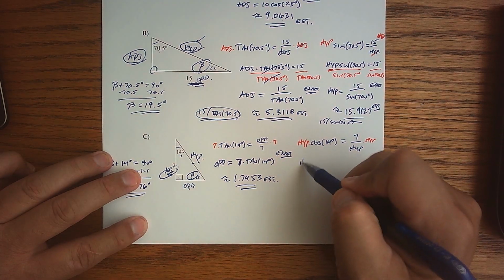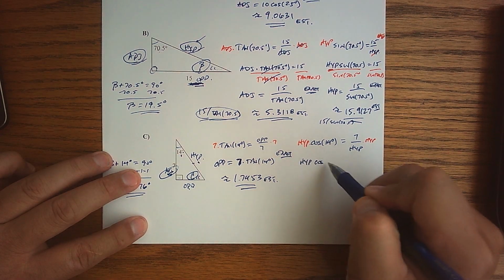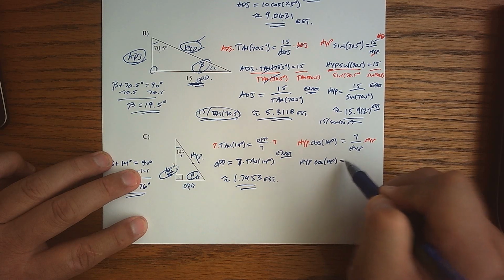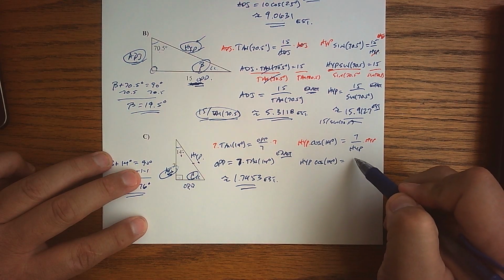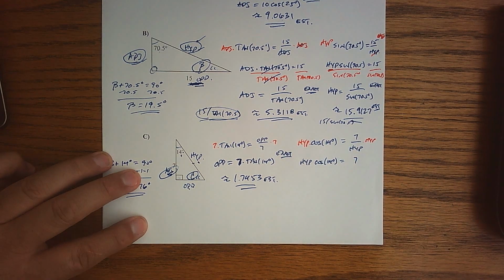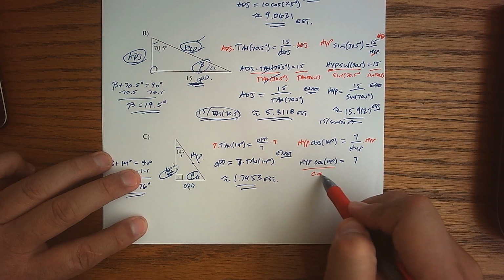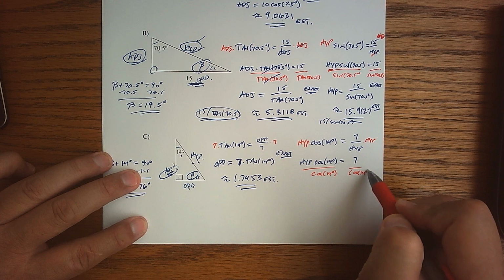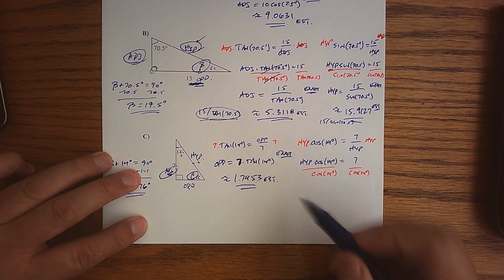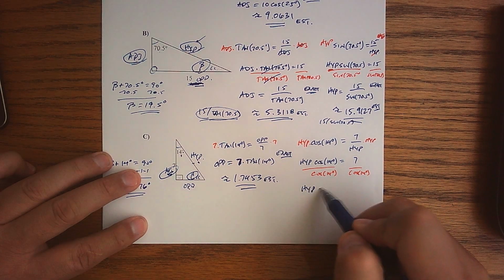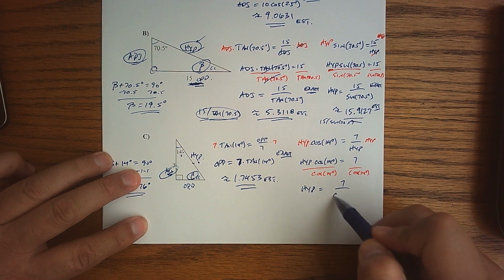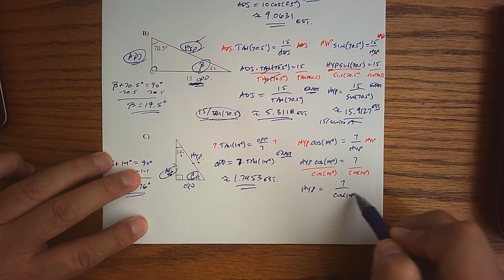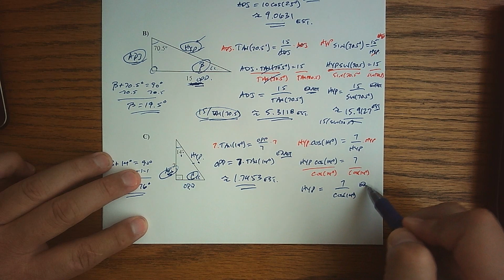And that basically gives us the hypotenuse times the cosine of 14 degrees is equal to 7. And if we now take both sides and divide by the cosine of 14, we end up with our hypotenuse equal to 7 over cosine of 14 degrees. And again, that's your exact answer.